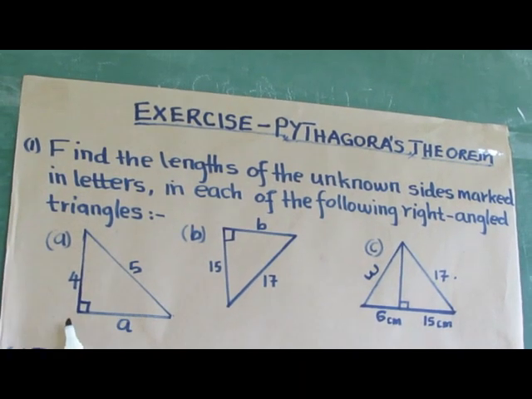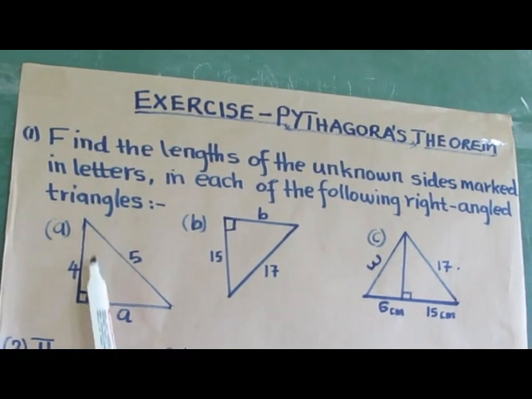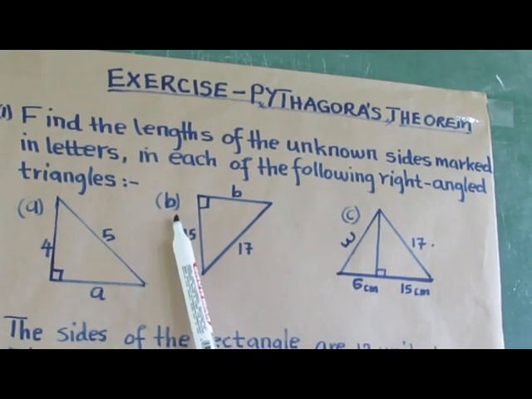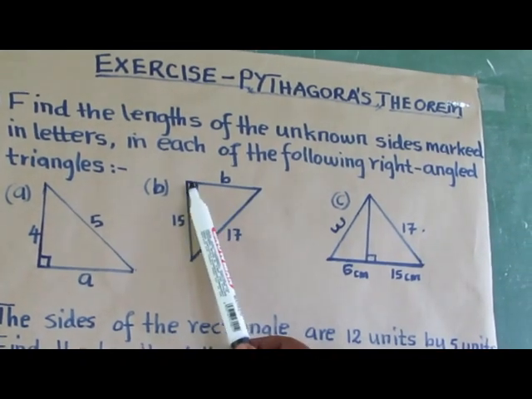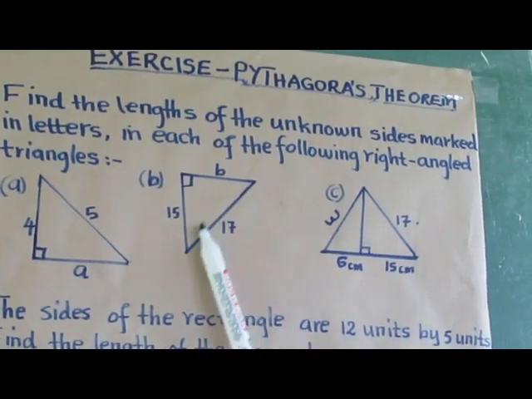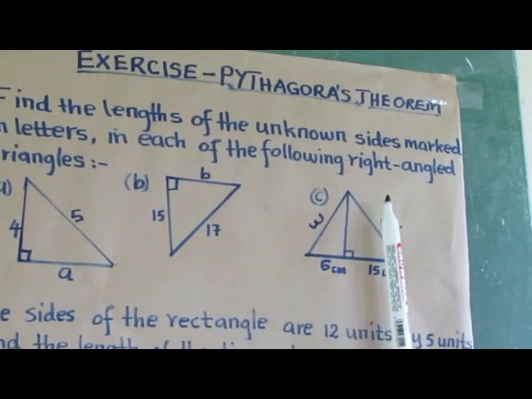Triangle A, the height is given, the hypotenuse is given, find a. Triangle part B, the base is not given, the height is given as 13 and the hypotenuse is 17.